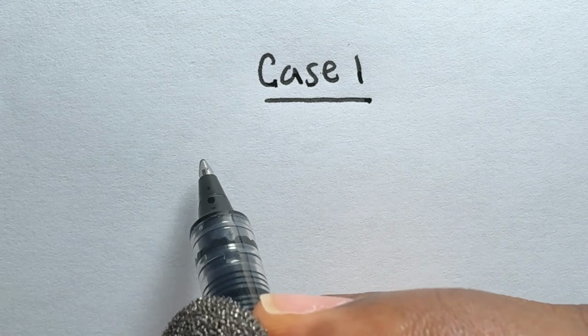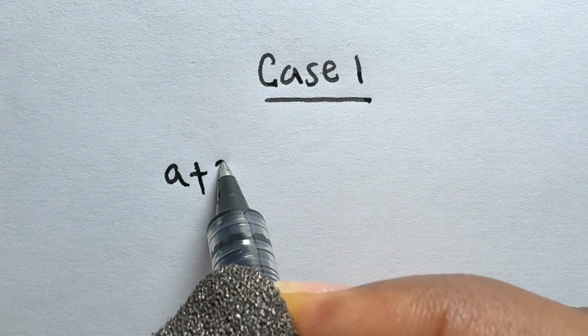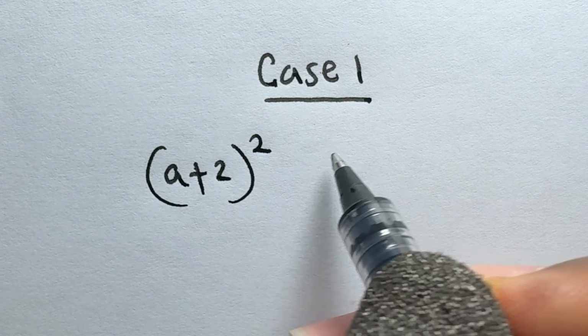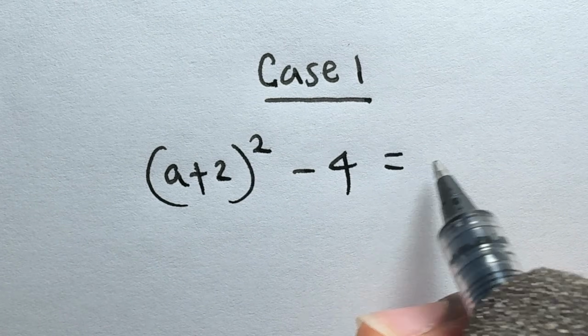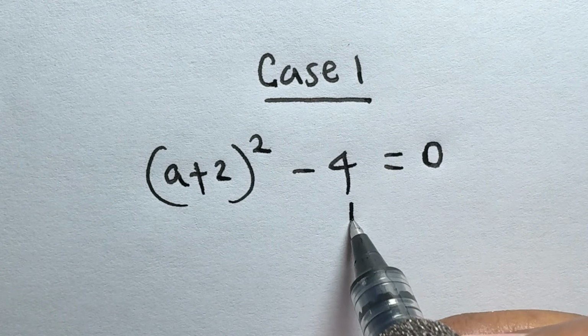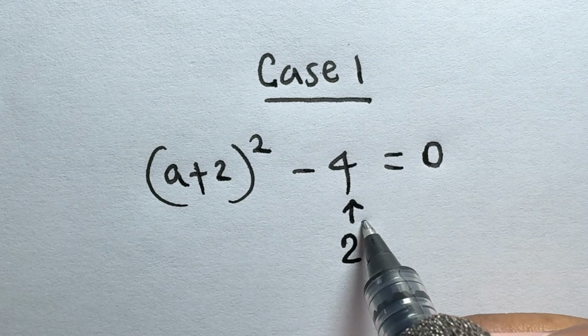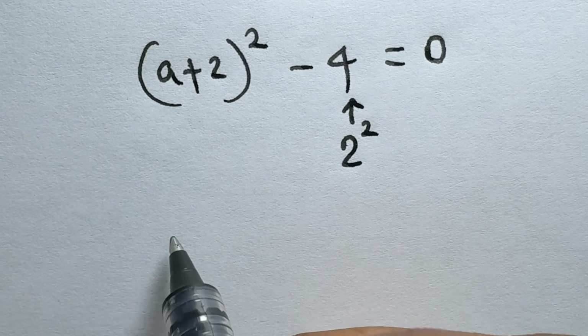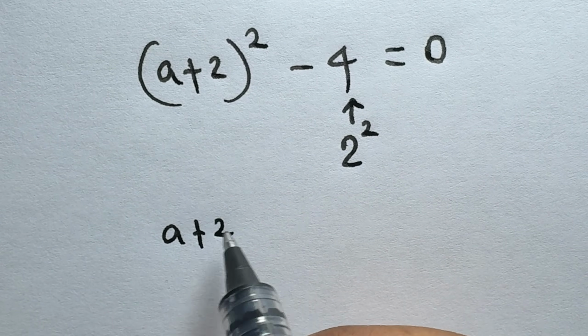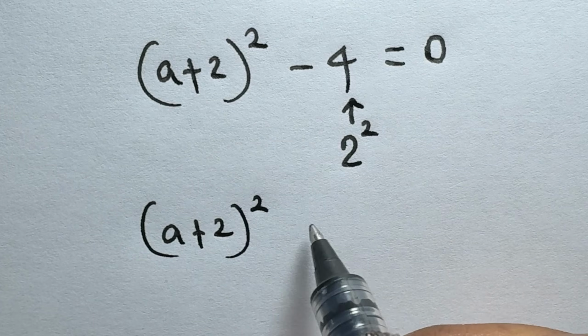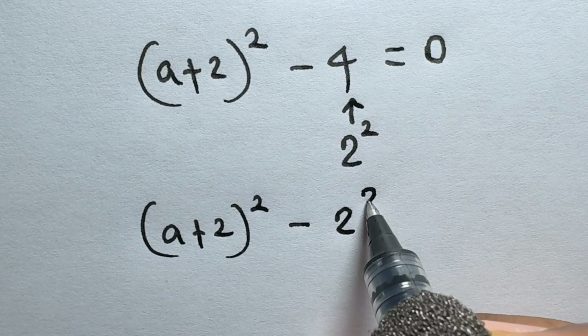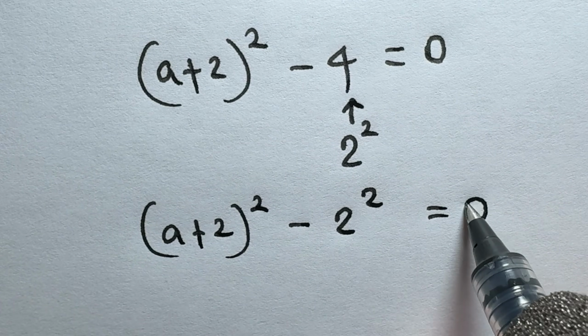Starting with case 1, we have (a + 2)^2 - 4 = 0. Notice that 4 here is also 2^2. So (a + 2)^2 - 2^2 = 0.